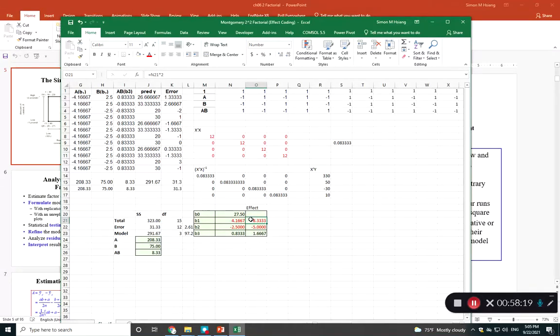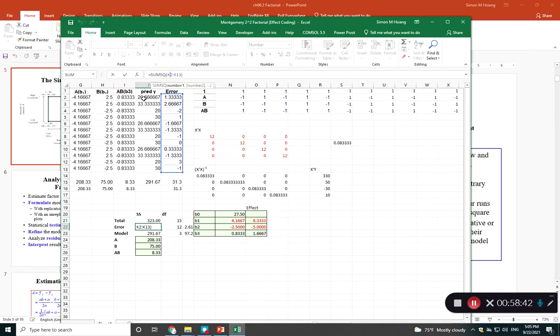Because interaction is very, very confusing in the real world. A lot of time people like to talk about interaction here, interaction there, but at the end, they don't know what they're talking about. Okay, now finally, I have my effect done, and I can still calculate my total. I can calculate my error term.